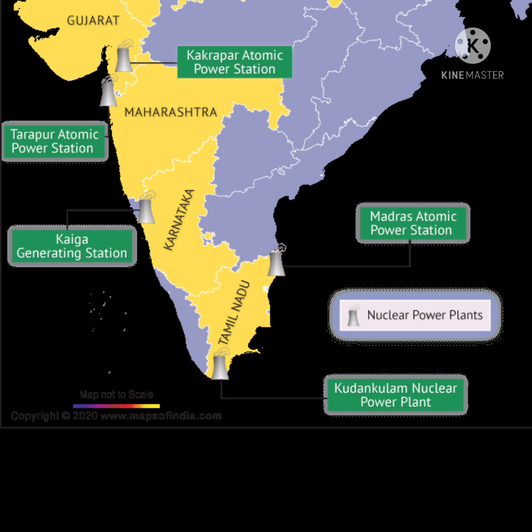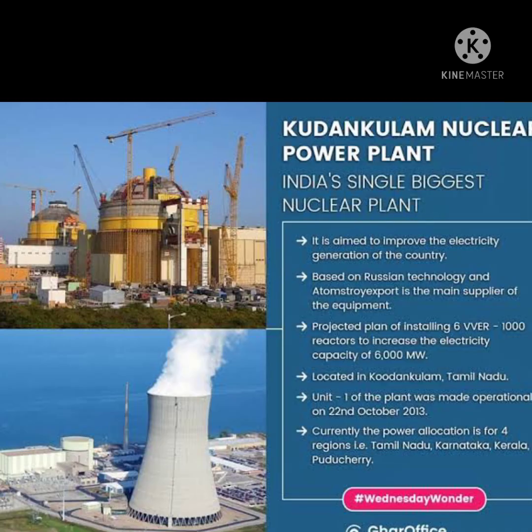Here the issue is that we need nuclear energy, which is an alternative source of energy for us to develop our nation. At the same time we have to address the issue of local people who are living there, and safety is the most important criterion which should be taken care of by the state and central governments.